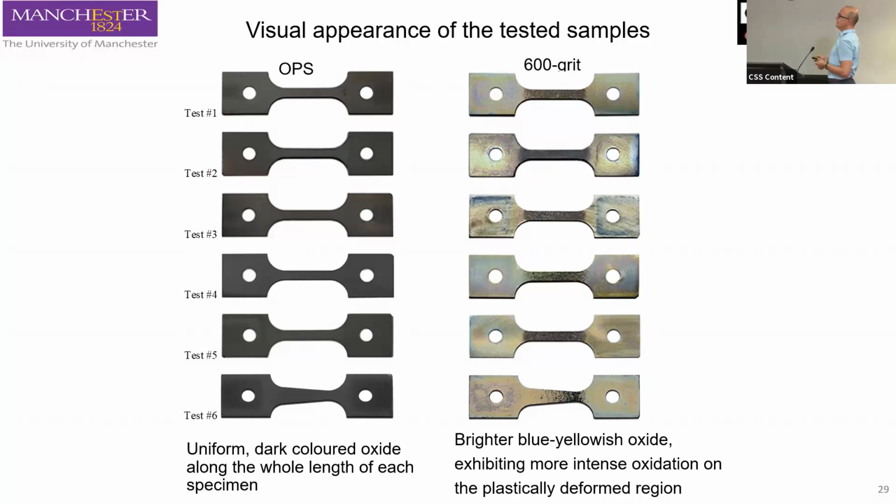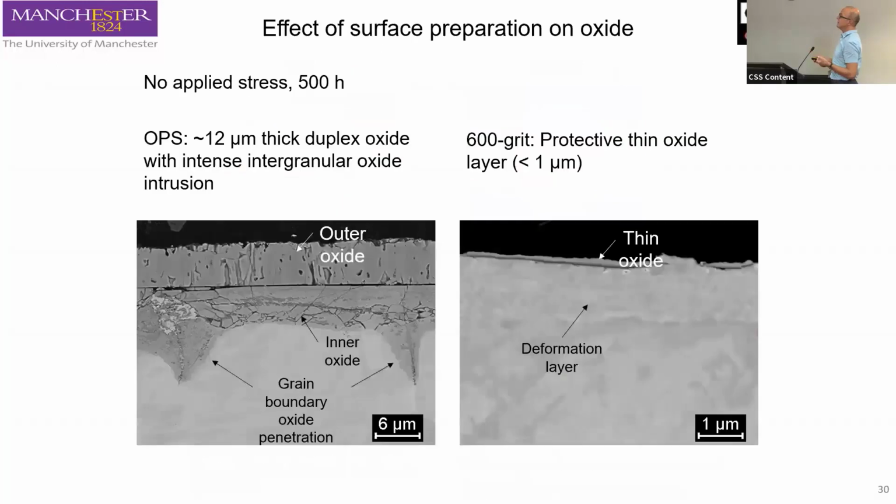Now, in order to understand the effect of surface preparation, we conducted cross-sectional characterization. And here is the case of a coupon that was not stressed, but was oxidized for 500 hours. If it was polished, you could see a very thick oxide in the region of 12 microns, with oxide also developing along the grain boundaries.